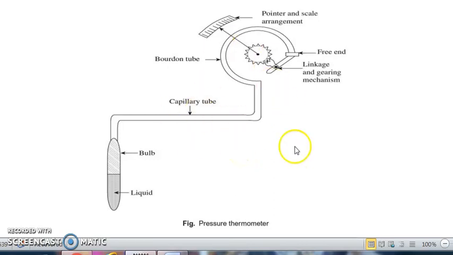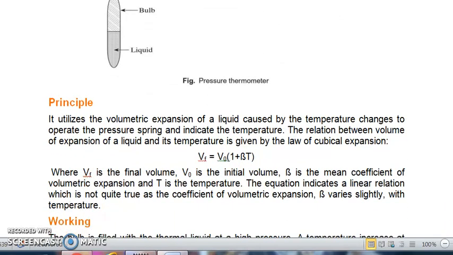Student, this is the schematic diagram of the pressure thermometer, and as you have learned the working of it, now move forward. On which principle does this pressure thermometer work? It utilizes the volumetric expansion of liquid caused by temperature changes to operate the pressure spring and indicate the temperature.